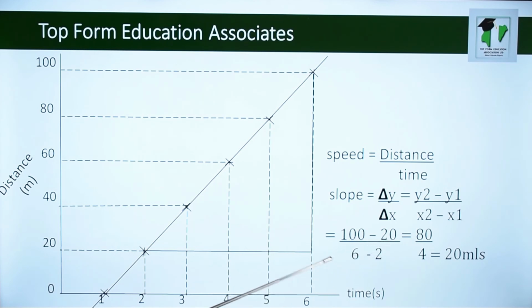All over the highest value of your time, which is 6, minus the lowest value according to your slope, which is what? 2. And 100 minus 20 gives you 80, and 6 minus 2 gives you what? 4. And 80 divided by 4 gives you what? 20 meters per second. So this gives you now the speed of that graph. Is that okay? So you can take your slope at any point.